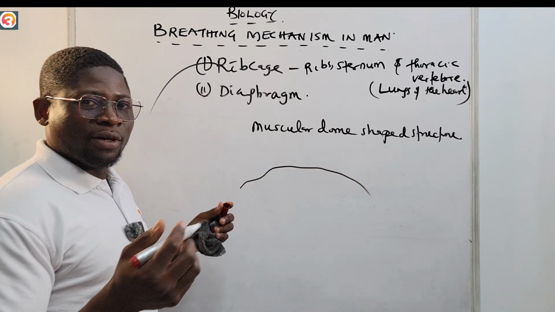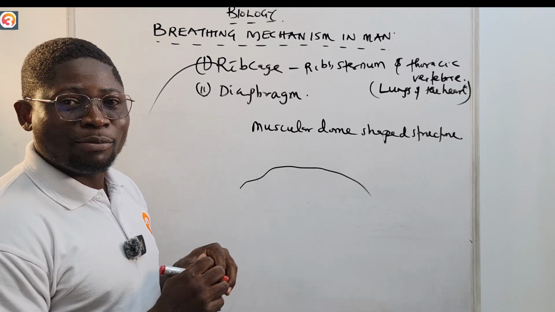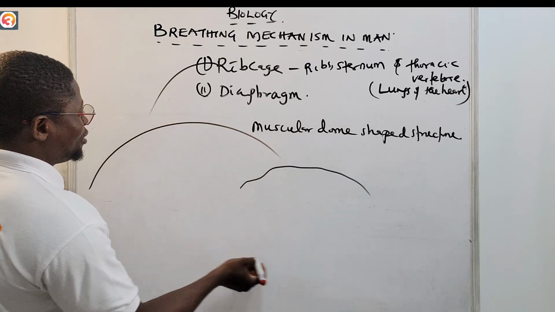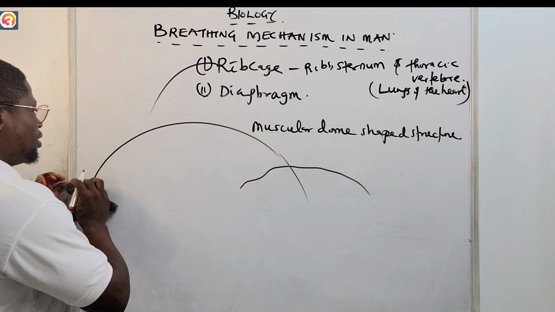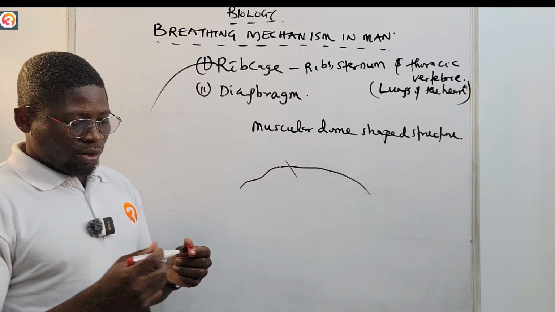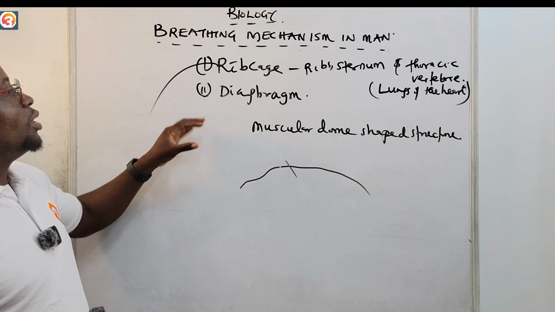You know how a dome is. I don't know if you have seen the Glory Dome of Dunamis Church in Abuja. It's like this, very beautiful. So it's a muscular dome-shaped structure. Please take note of all that. So that is the diaphragm.